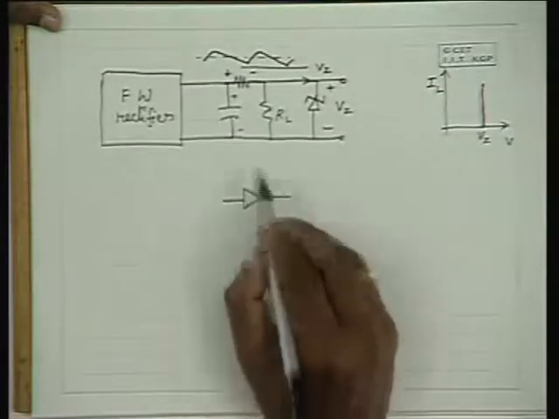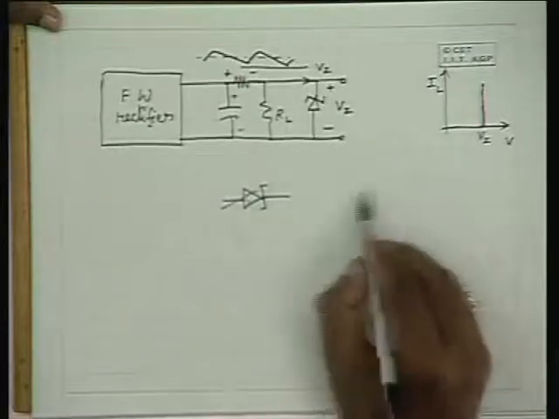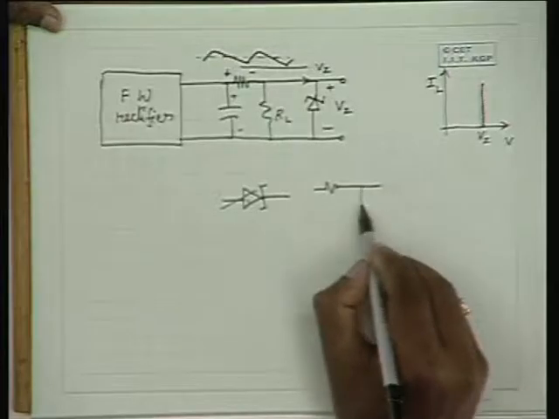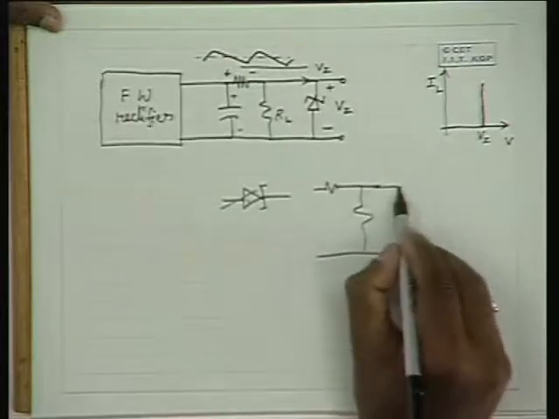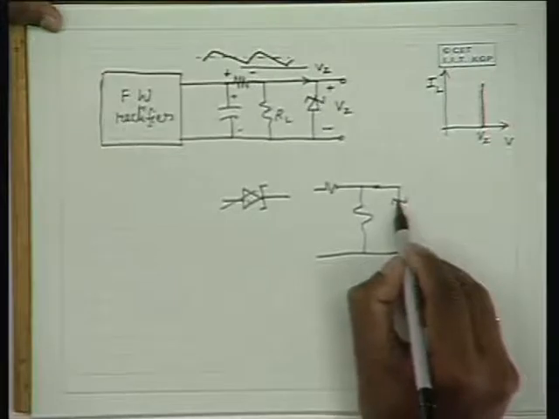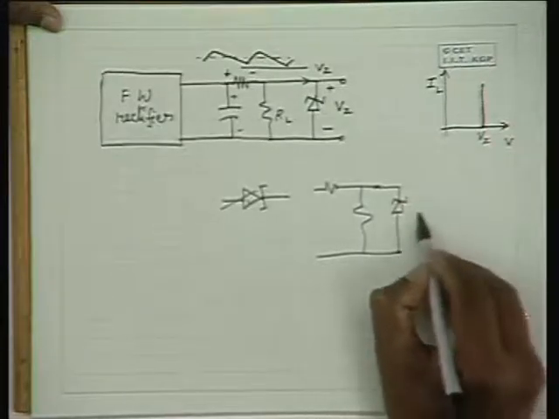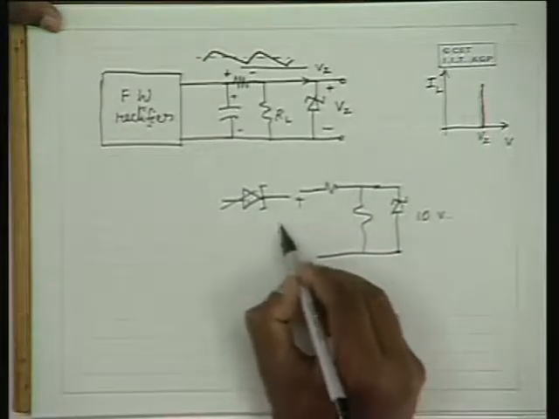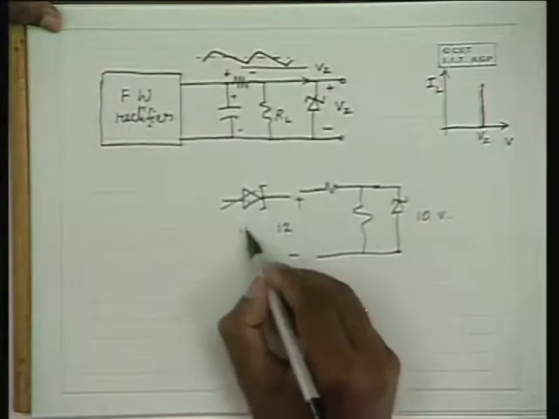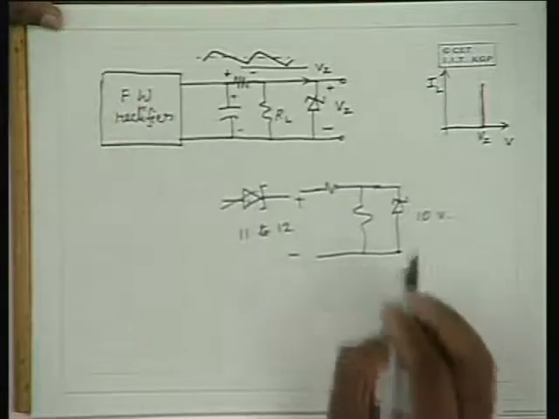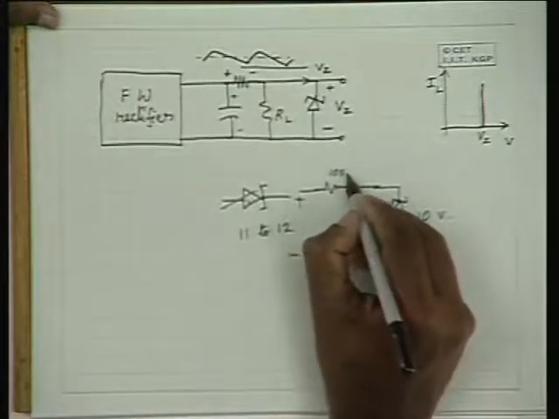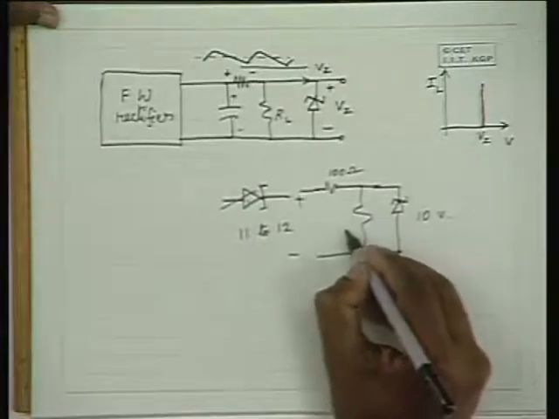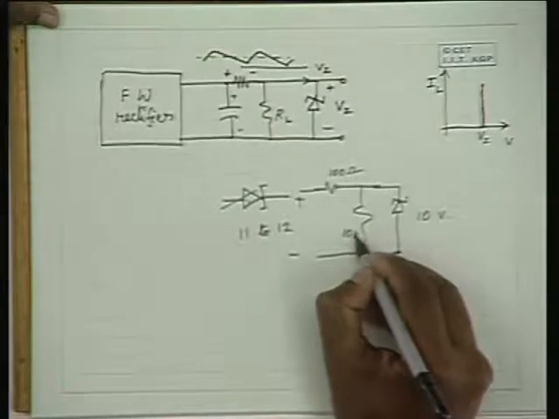As an example, let us consider a 12 volts supply and a 10 volts Zener. So let us say the voltage varies between 11 volts to 12 volts, and say this is 100 ohms, and this is say 10 kilo ohms.